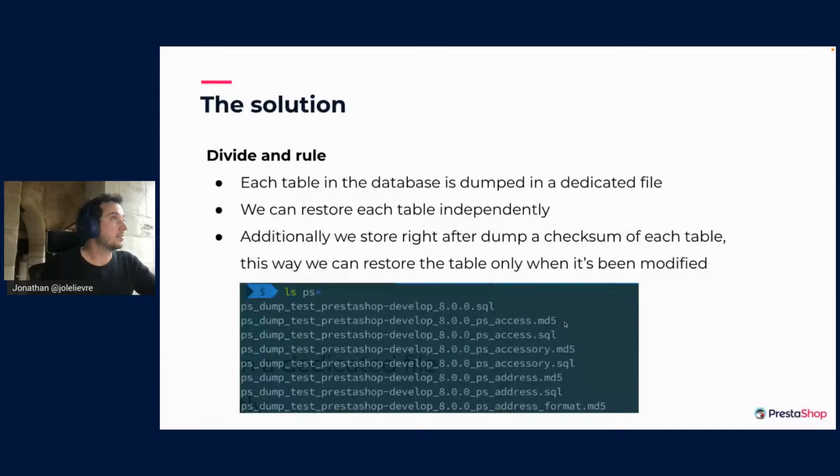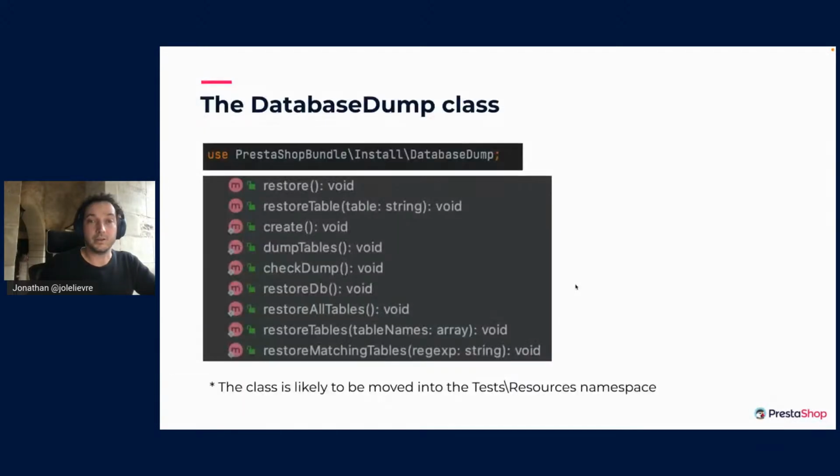So all this has been made with basically one class that we use as a tool that allows you to restore, create some dumps, and we made some static functions so that it can be used more easily. So you can give it a list of tables, for example, that you need to restore, or maybe a regex to match tables.